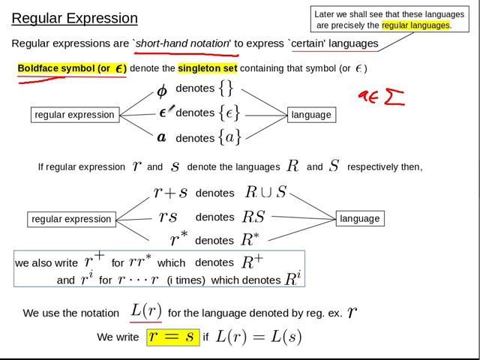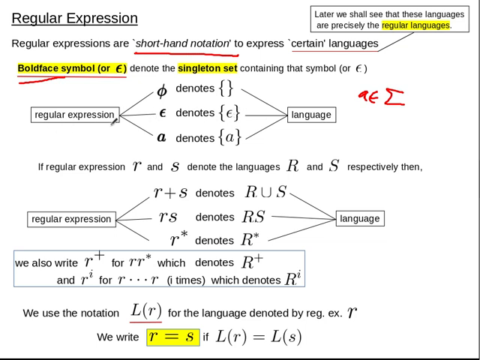Similarly, this boldface epsilon, this is not the empty string. Okay, so this is a language. What language? The singleton language, which contains this empty string. So this epsilon without boldface is the empty string. So this is not the empty string, this is the language containing the empty string.